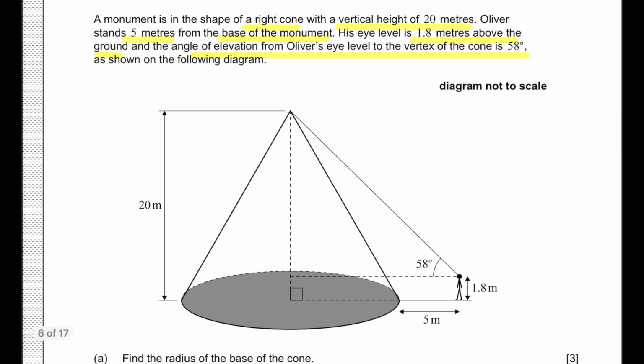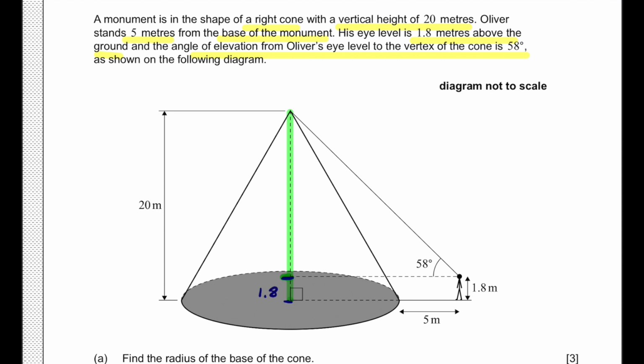So here we have a diagram, and we know that the vertical height of this right cone, which is this part here, is 20 meters, and Oliver's eye level is 1.8 meters above the ground. That means from here to here is 1.8.